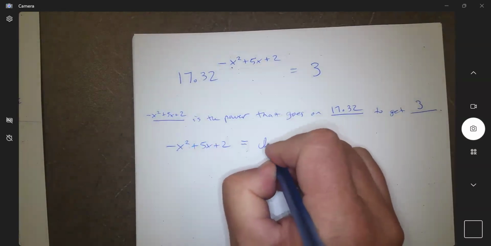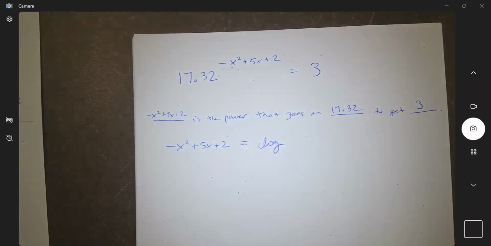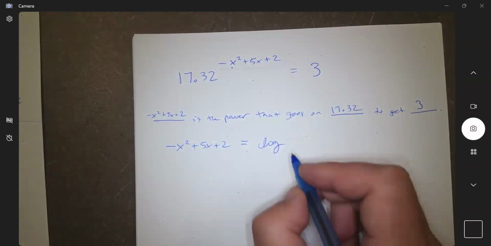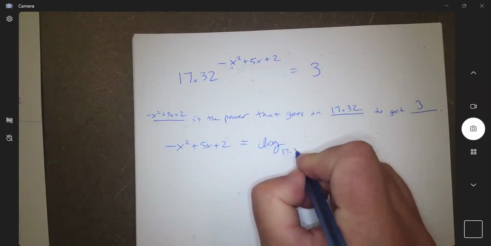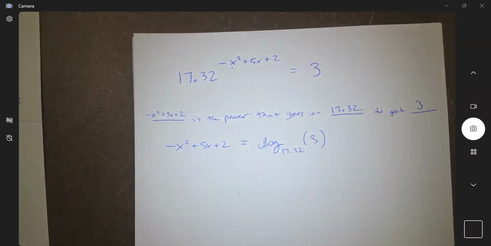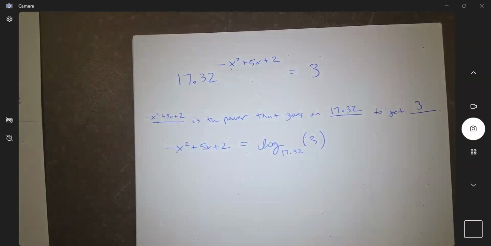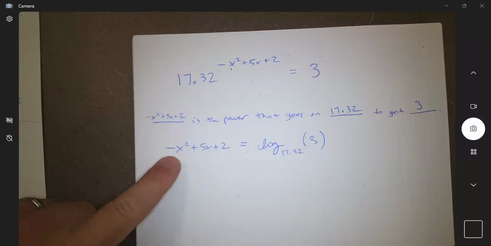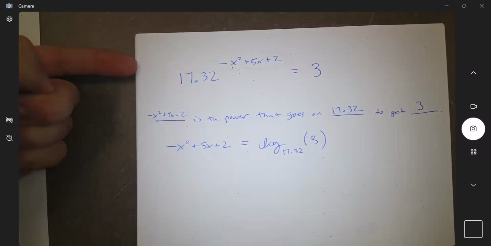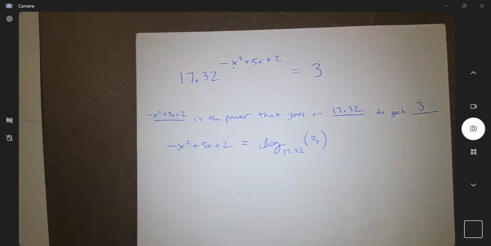So the power equals log. And what is it going on? 17.32 to give 3. So we can rewrite any exponential, no matter how nasty, as a logarithm, or vice versa. If you start with the logarithm, you just work up and you can get it to an exponential form.